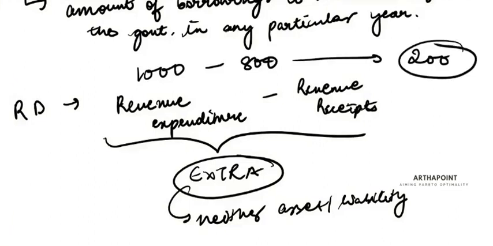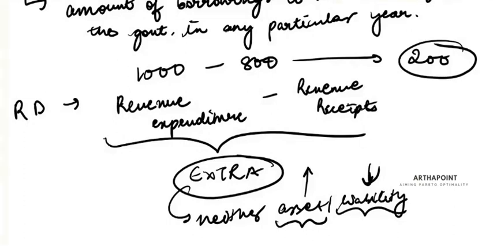But even if I'm spending 200 more, I am neither purchasing an asset nor reducing a liability. So this is worse when I get a revenue deficit, because it is spent neither on asset nor on liability. I will talk about these things in much more detail. Why is it more important to first reduce the revenue deficit?